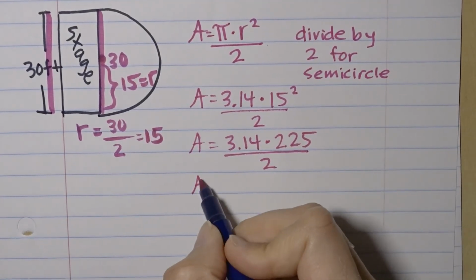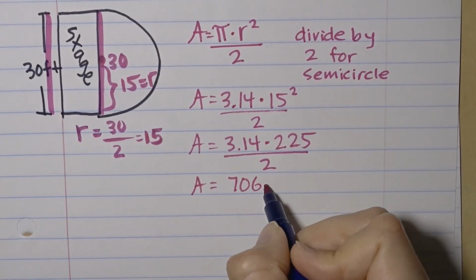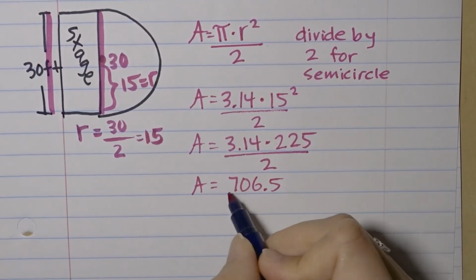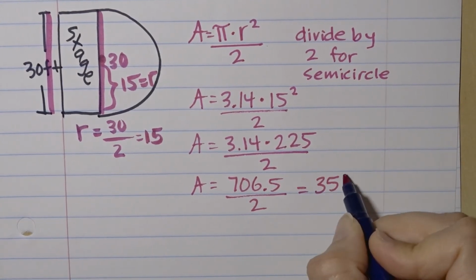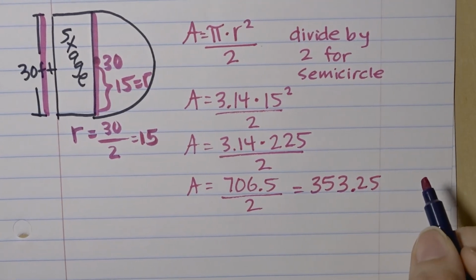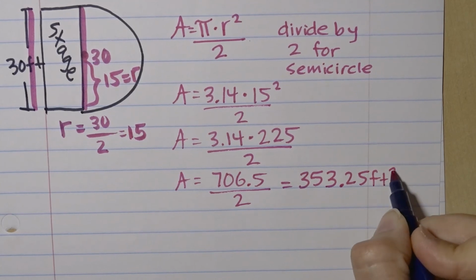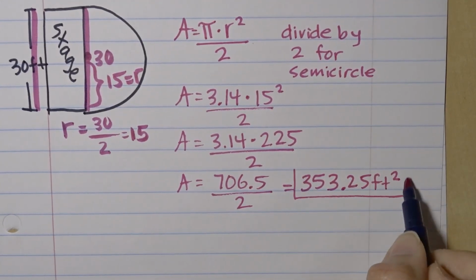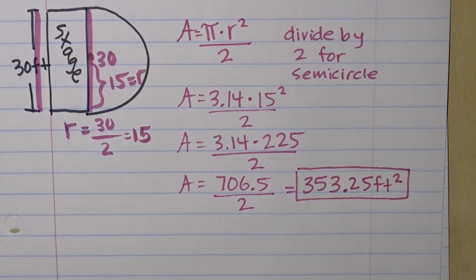And then you get area equals 706.5 divided by 2, which gives you a total of 353.25. And remember, this is area, so we're going to say feet squared. Area is a two-dimensional measurement, so we have to measure it in feet squared. There you go.